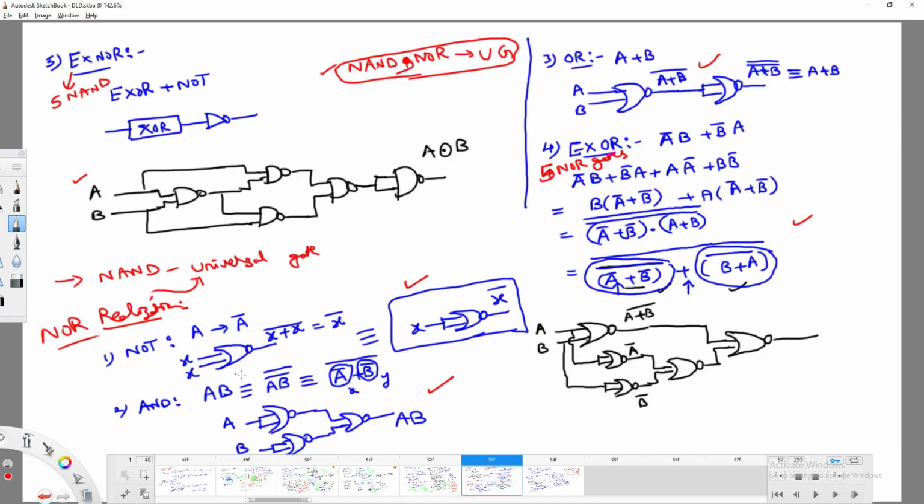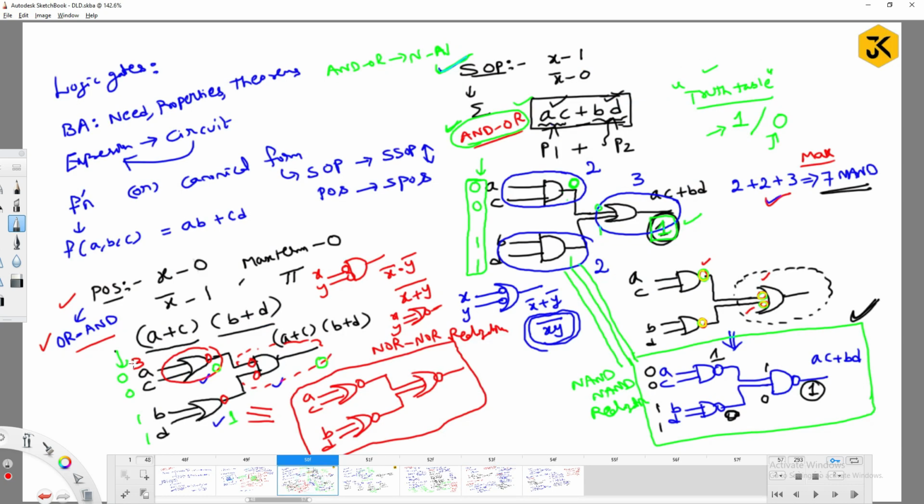This OR gate requires 2 NOR gates, and the AND gate requires 3, so a total maximum of 7 NOR gates are required. But if you follow a certain procedure, you get a maximum of 3 NOR gates.